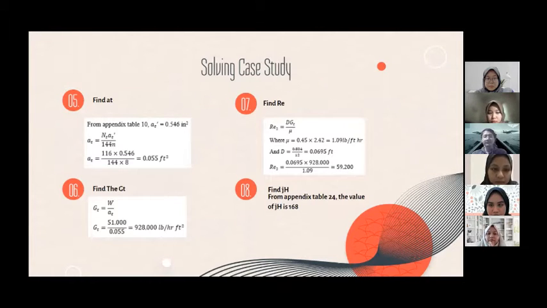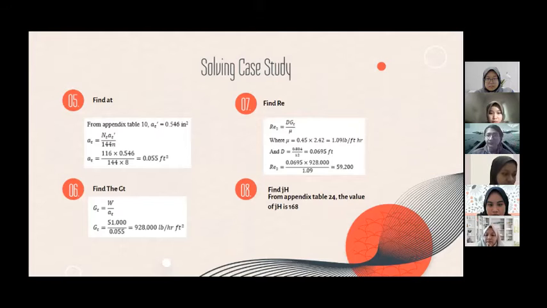For step 5, find At, which is Nt multiplied by a't and divided by 144. The sixth step is to find the Gt by W divided by At.